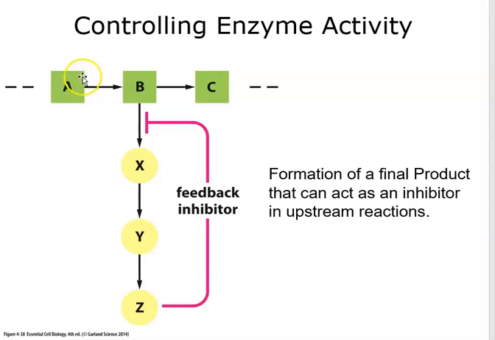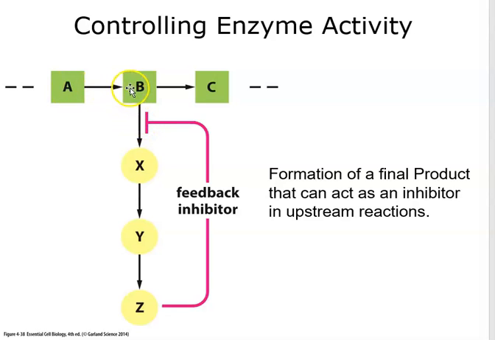If we have a chemical reaction where substrate A is bound by some enzyme and turns into B, and then there's another enzyme and we have C, and so forth. But B can also be sidetracked into an X, Y, and Z reaction mechanism as well. Each of these arrows is a different chemical reaction, presumably catalyzed by a different enzyme.